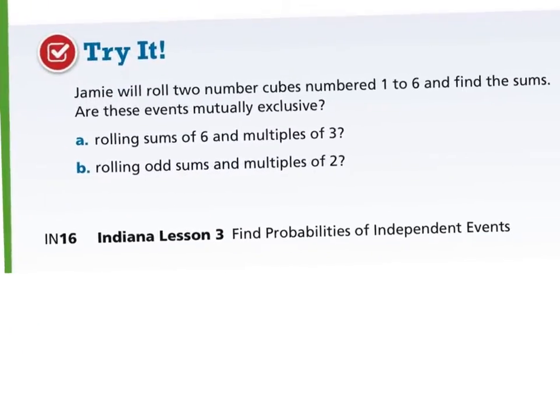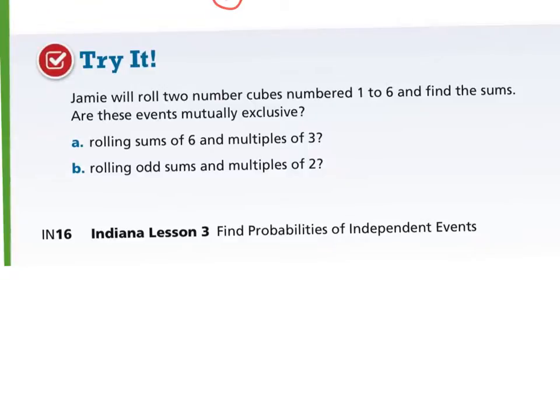So if we look at the try it, Jamie will roll 2 number cubes numbered 1 to 6 and find the sums. Are these events mutually exclusive? So rolling sums of 6 and multiples of 3. So if we think about multiples of 3, we could have 3, 6, 9, 12.